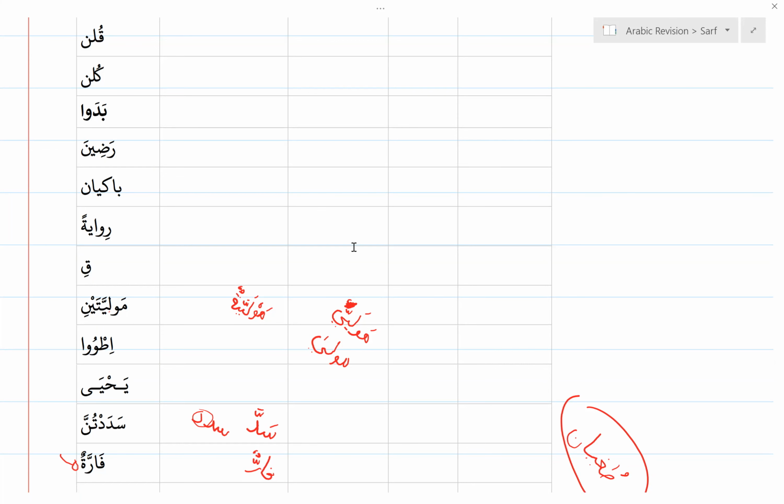Oh, this one is a tough one. God, where did I get this? I don't know where I got this from. But I think that this one is mawla plus ana. So mawla plus mutakallim, ya mutakallim. So mawlaya. So mawlayatun. Would that be mawlata?